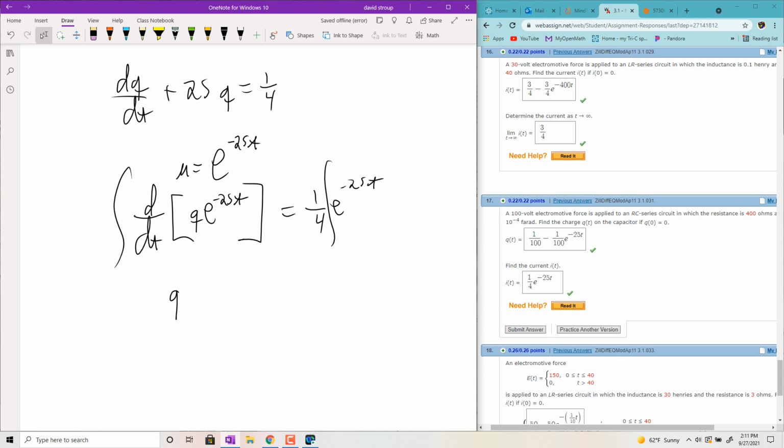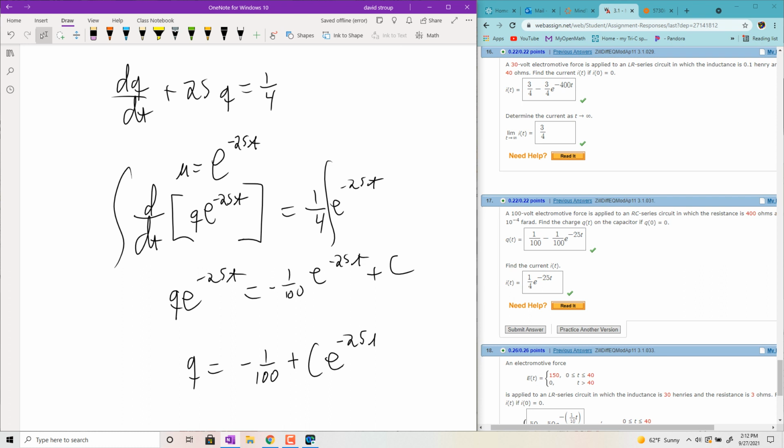Get q e to negative 25t equals, after you do a u sub, you'd end up with negative 1 over 100 e to negative 25t plus c. Divide out, and you get q equals negative 1/100th, plus c e to the negative 25t.